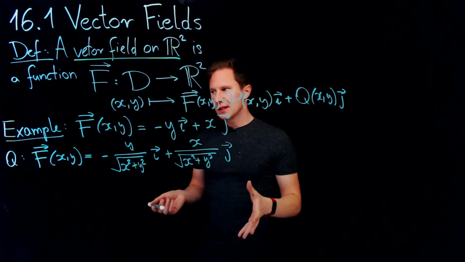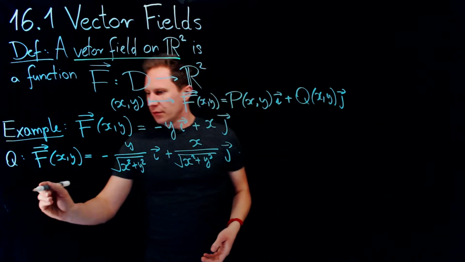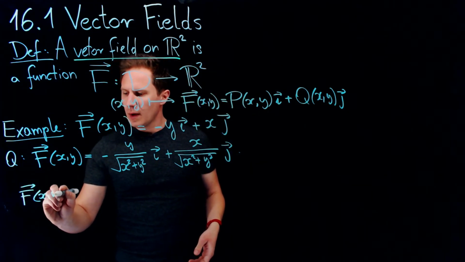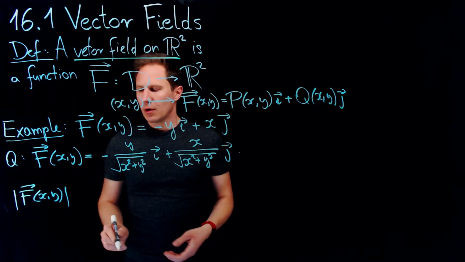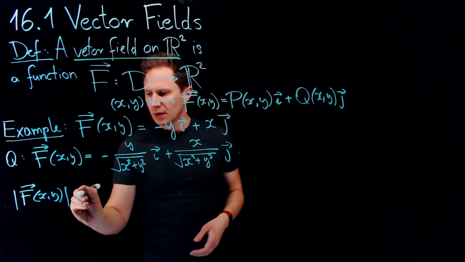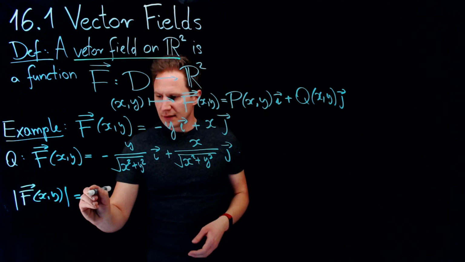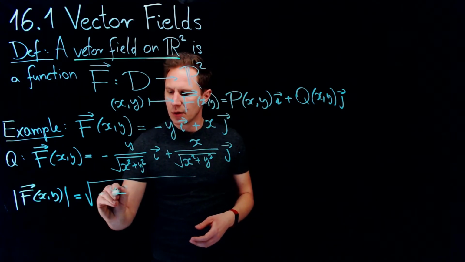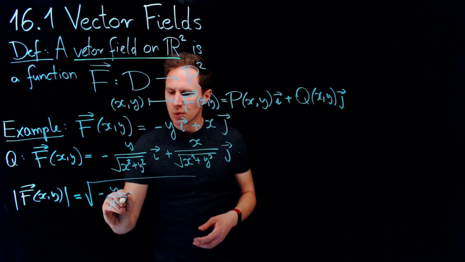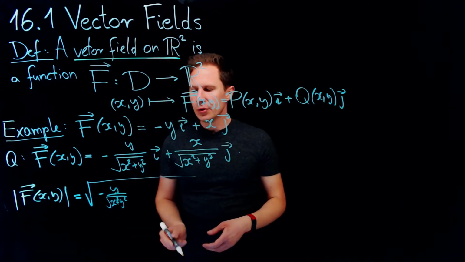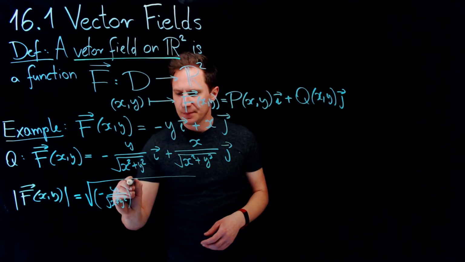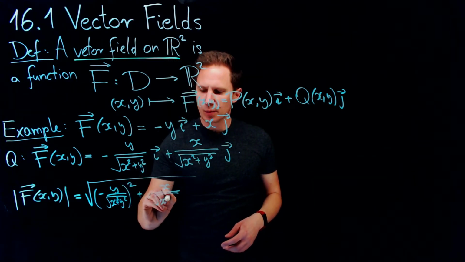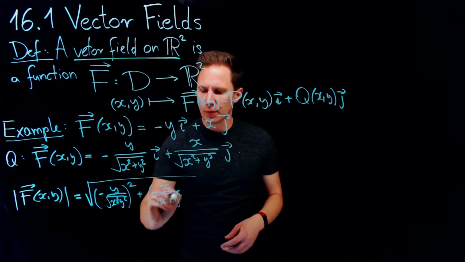Okay, I hope you paused it and realized that if you look at the length of any vector F of x and y in this vector field, you have to take the square root of the squared sum of its components. So we are squaring minus y over root x squared plus y squared and x over root x squared plus y squared, and we add these up.